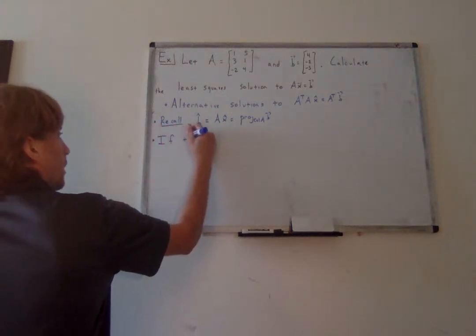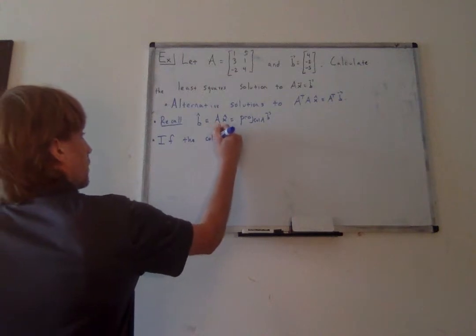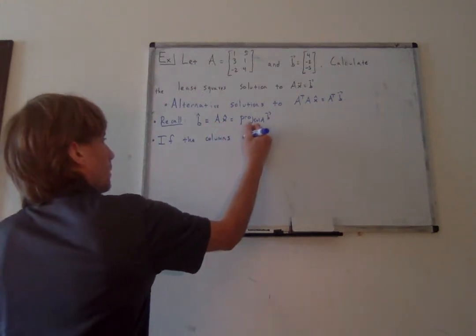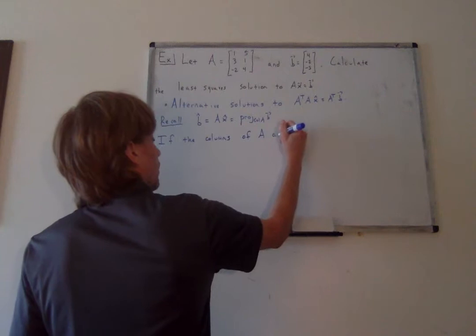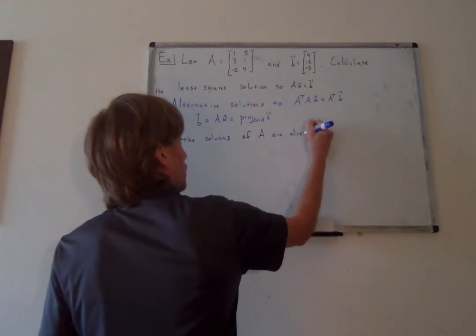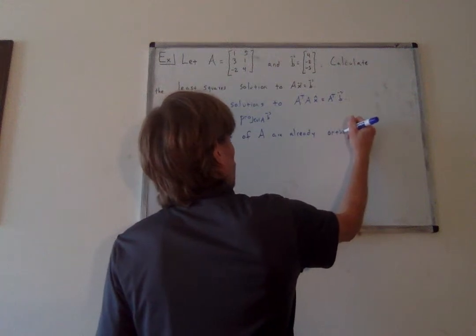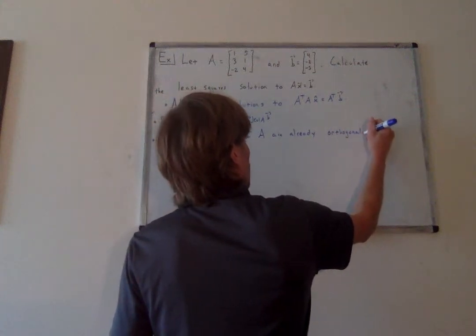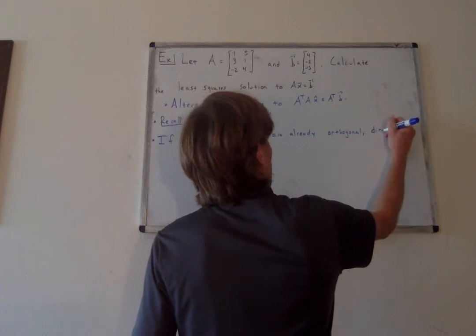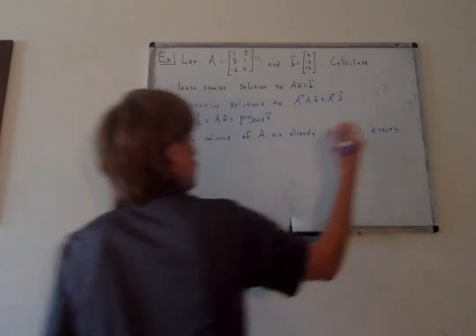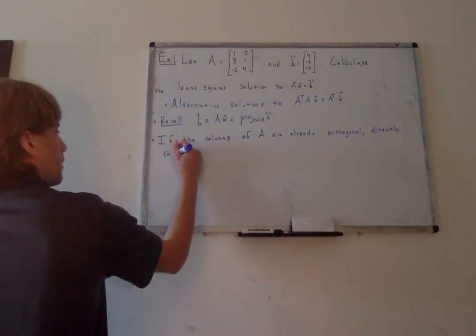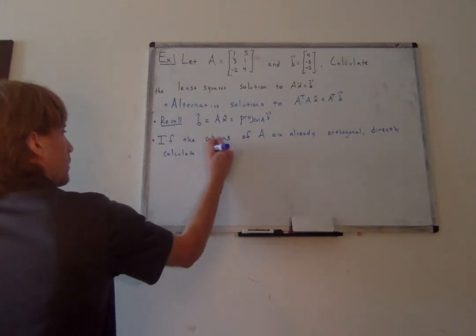So if the columns of A are already orthogonal, we can directly calculate b hat.